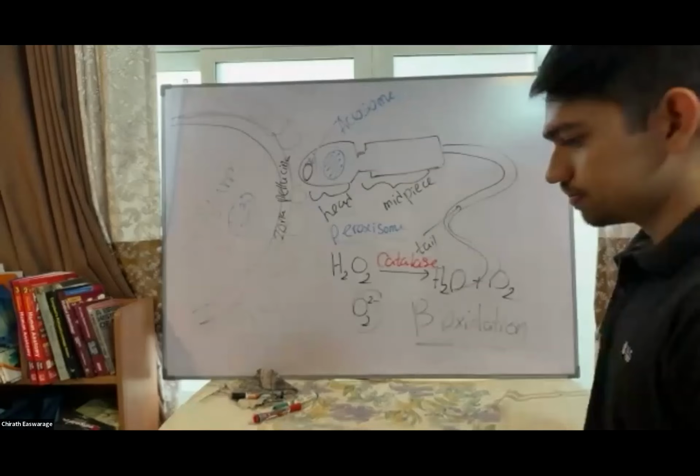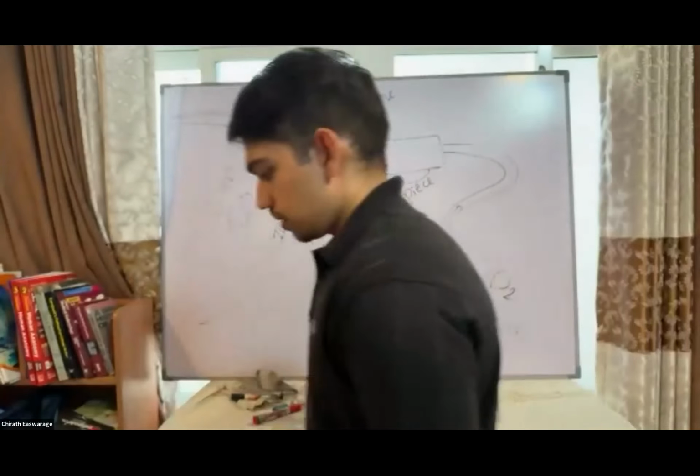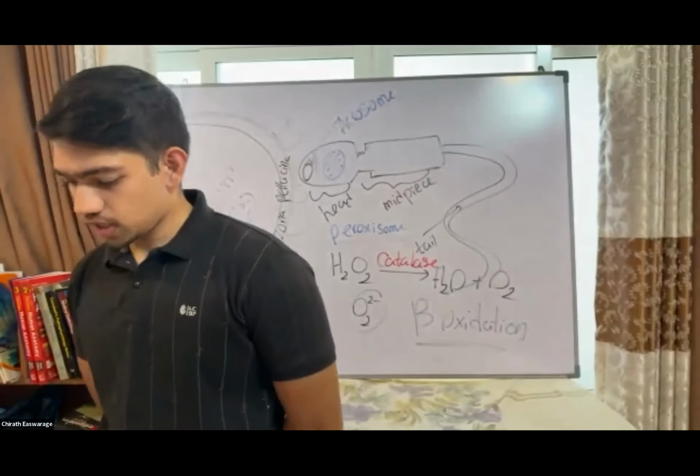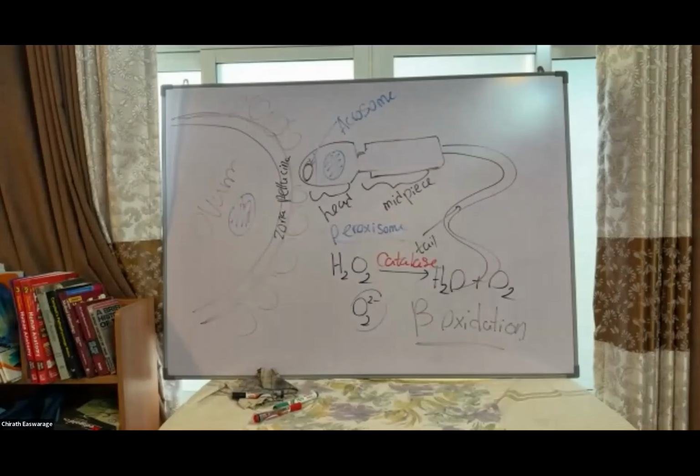Then write down under that: peroxisomes are found in both plants and animals. Plant and animal cells, okay? That's what I mean.